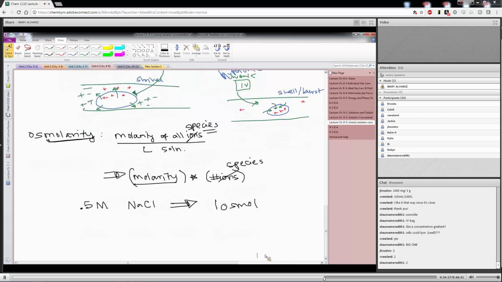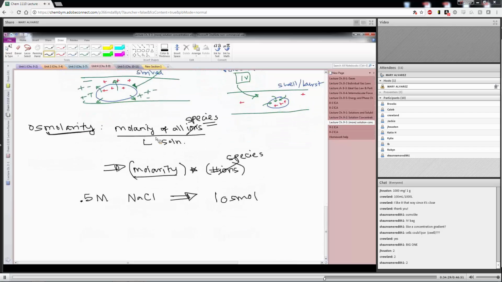You can compare this to a 0.5 molar solution of glucose. How many things do I have here? Does this dissociate? Is this one species? Is it going to be 20 species? What is that? It's one. It's glucose.